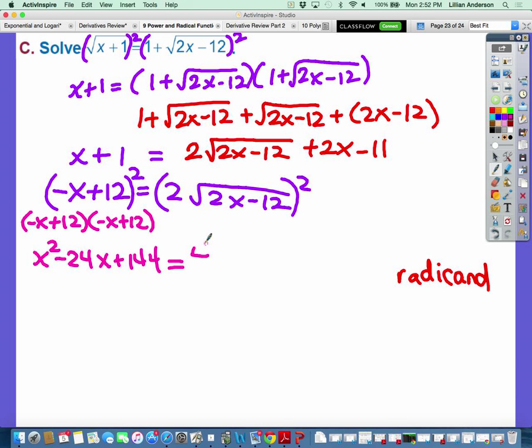So this becomes 4 times 2x minus 12. The reason why we don't have to FOIL this is because it's not like we're saying 2 plus the square root of 2x minus 12. They're just being multiplied together, so we square both pieces. So it's 8x minus 48.